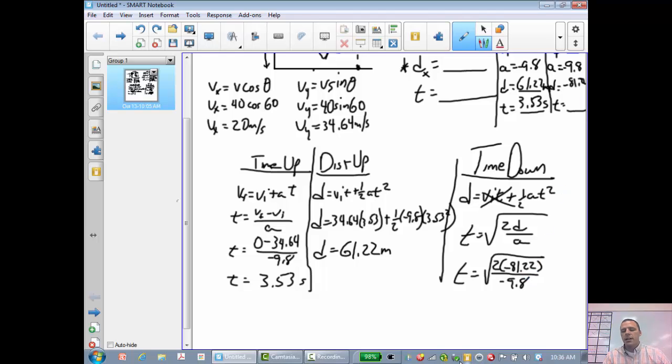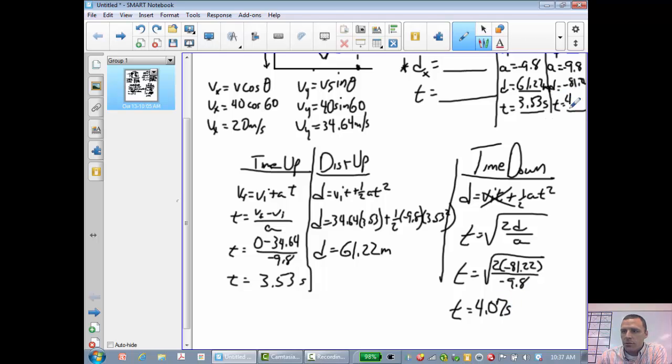That's the acceleration down. And you can see why the negative for the displacement is so important, because if we have a negative acceleration and we divide that into a negative displacement, we'll get a positive time. And we're going to end up getting 4.07 seconds.